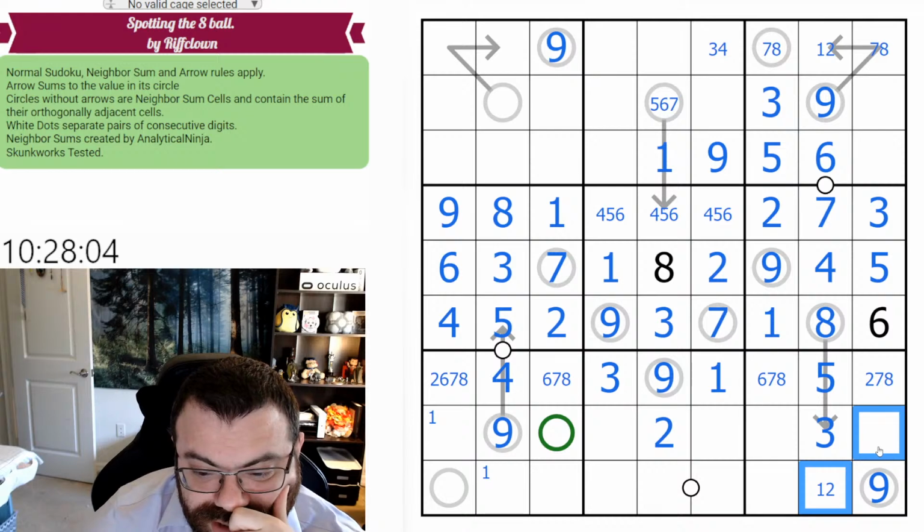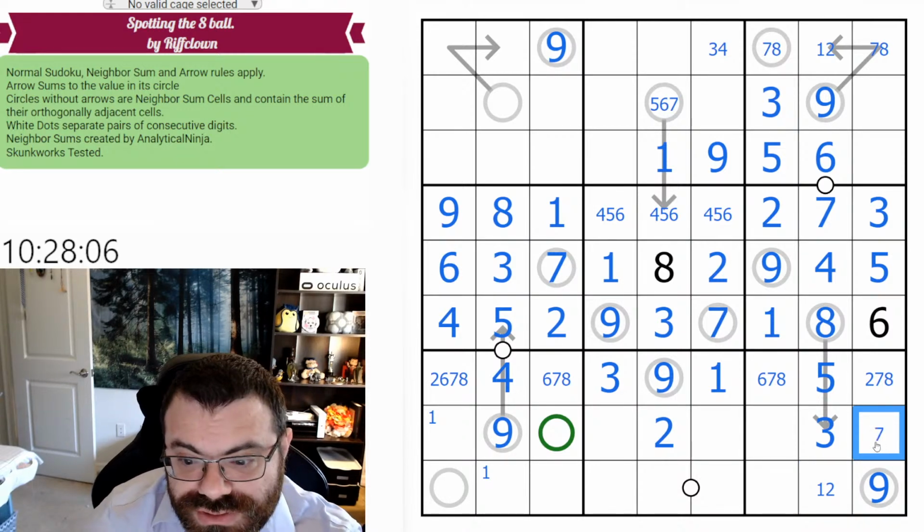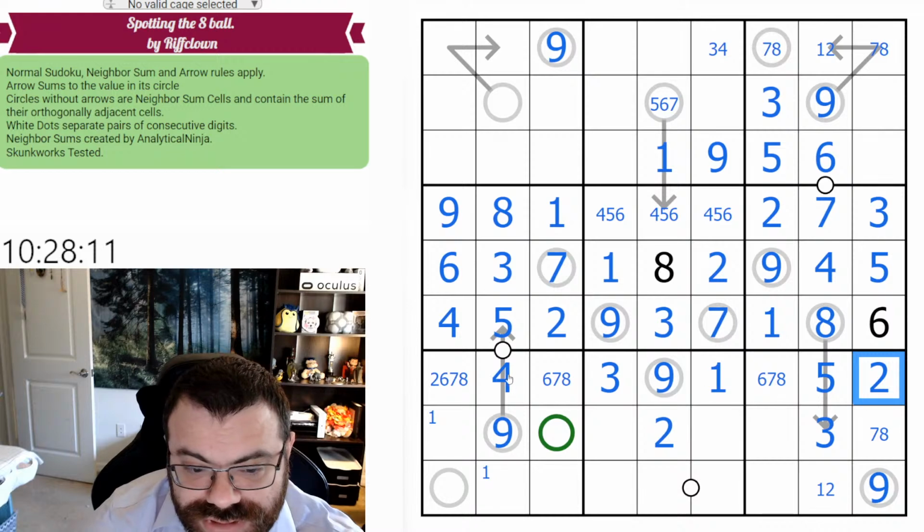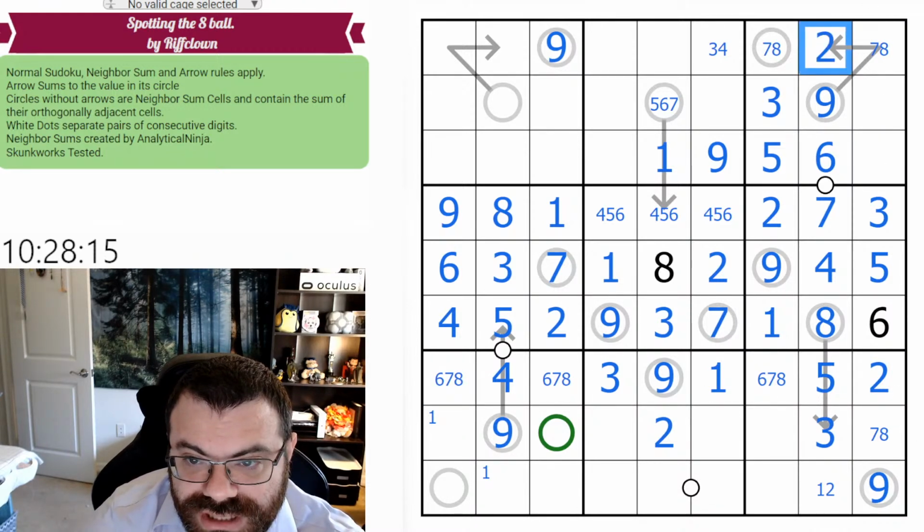So these two add to 9. So this is also 7, 8. So that's a 7, 8 pair. So that's a 2. That places 2 in this box, which makes that the 7, that the 8, and that the 1. This is an 8, which means that has to be 3.